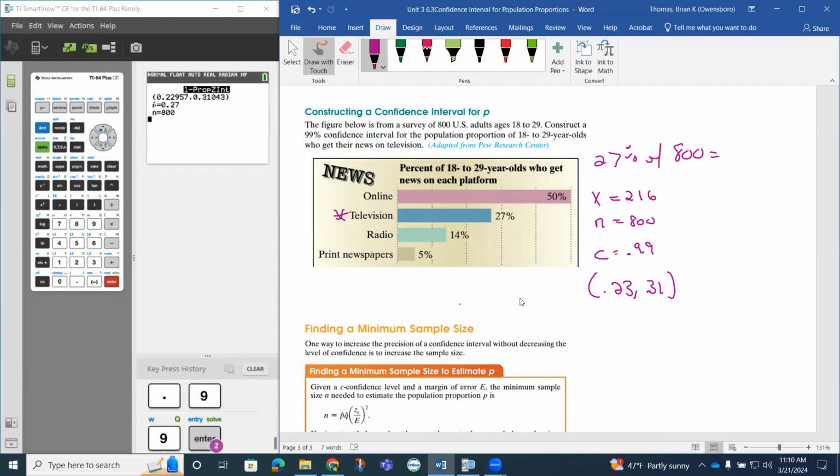Our range is going to be between 23% and 31%. And notice how our sample was this 27%. So we're going to be 99% confident that our population proportion is between 23% and 31%.